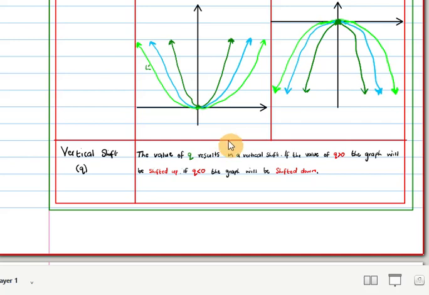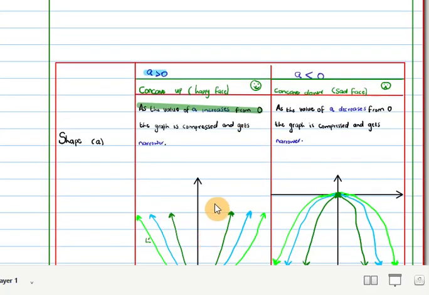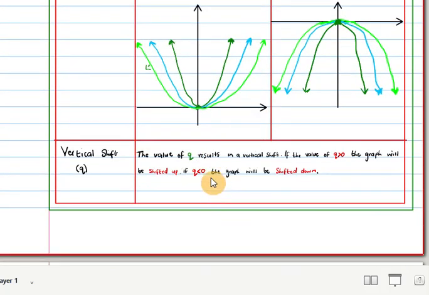So from here, if there is any change in the value of Q, it either increases or decreases. If the value of Q becomes positive, your graph shifts a bit upward, but if the value of Q becomes negative, your graph will shift a bit downward.